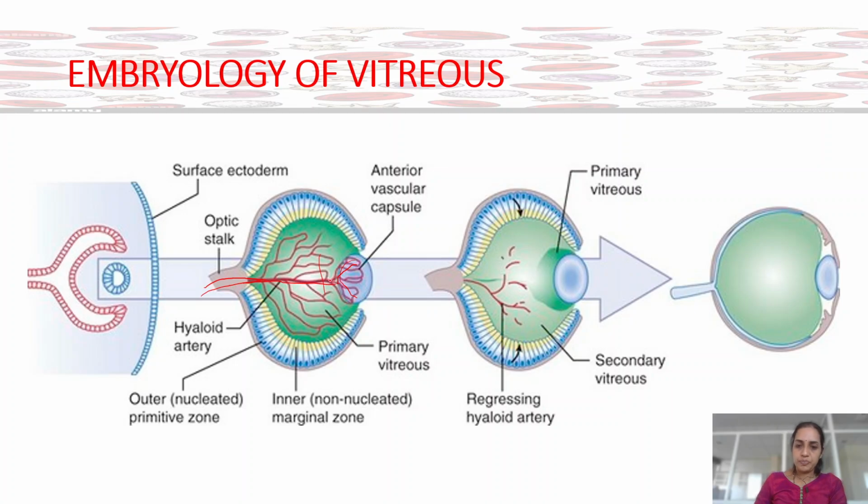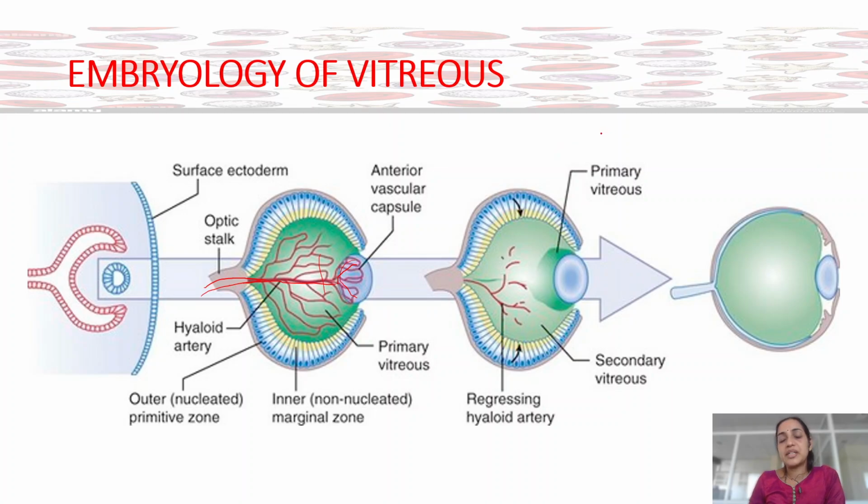Slowly with time, there is regression of the hyaloid artery by apoptosis, and it is replaced by a gel-like vitreous, secondary vitreous, which is secreted by the surrounding neurosensory retina. Okay, so primary vitreous is mesenchymal in origin and secondary vitreous is what is present in adults.